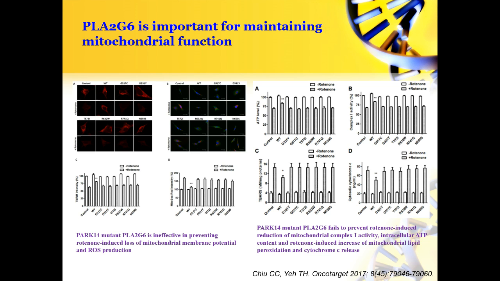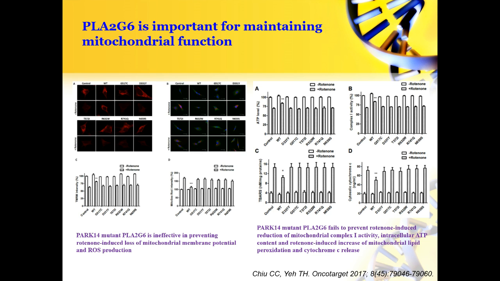The immunofluorescence image study showed that PARK14 mutant PLA2G6 is ineffective in preventing rotenone-induced loss of mitochondrial membrane potential and ROS production.